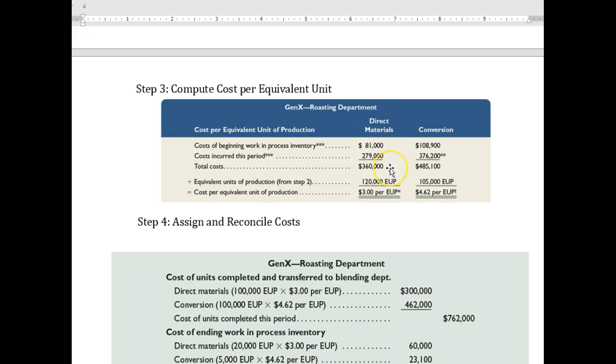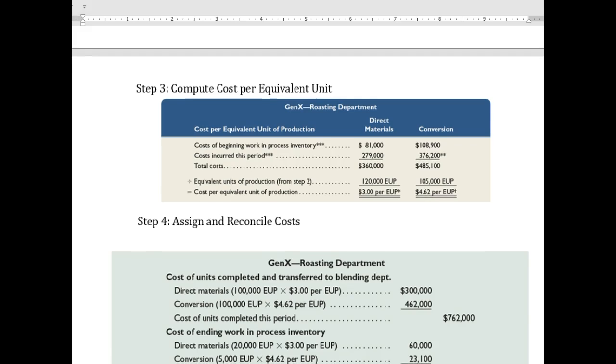So I had total cost of 360,000 in material, total cost of 485,100 in conversion costs. Now, that's where I find these equivalent units and divide that into those amounts to find the per unit cost. So it's $3 for direct materials and $4.62 for conversion.